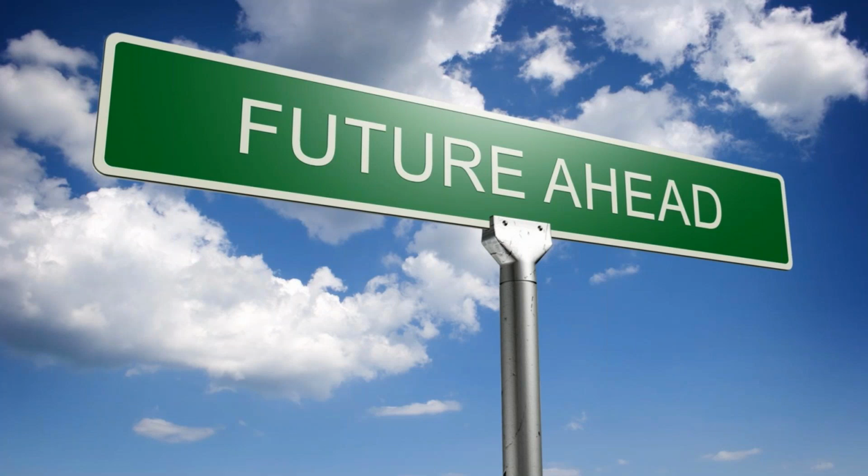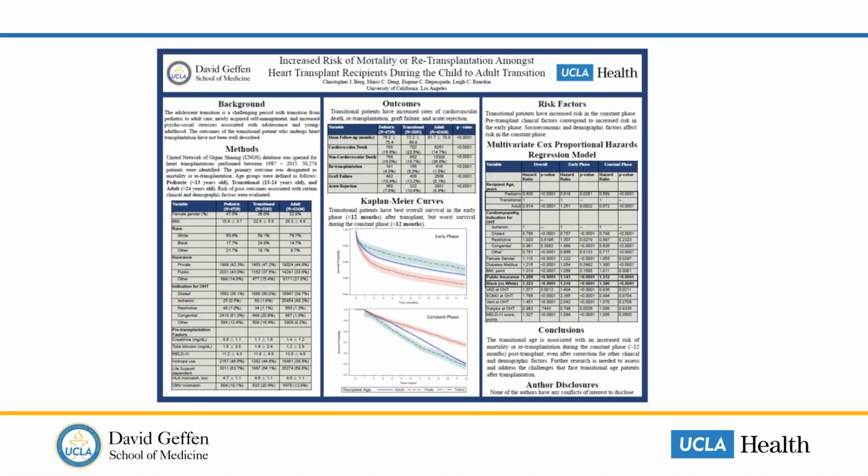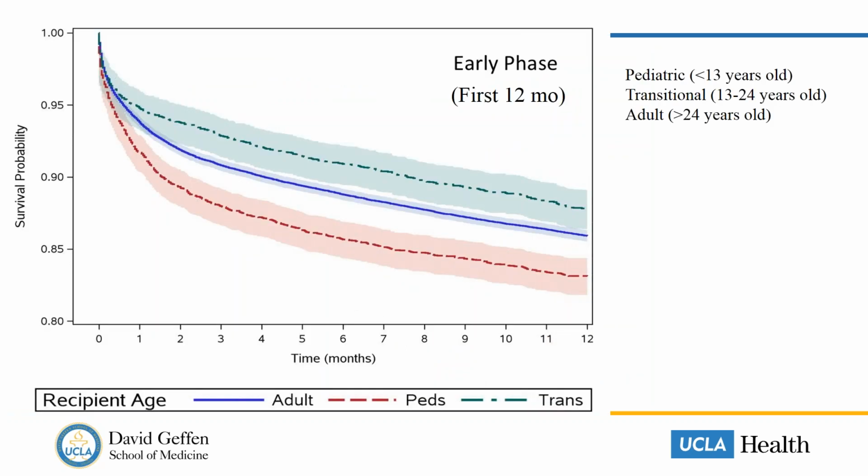And some of the research that I do looks at national trends and how patients do who particularly have transplant, and we notice that patients who are younger, as pediatric patients, tend to do really well with transplants. However, patients who are in that adolescent age, between the ages of 13 and 24, actually have a lot more problems with transplant and heart transplant specifically.